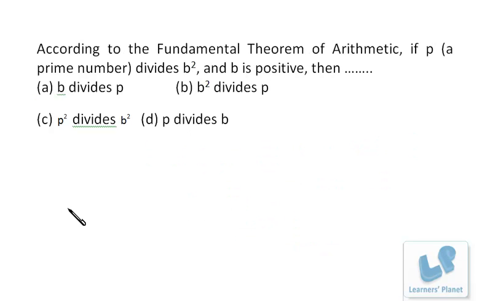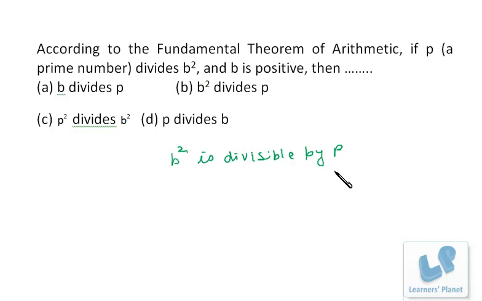Now friends, the next question is, according to the fundamental theorem of arithmetic, if P, where P is a prime number, divides B square and B is positive, then that means B square is divisible by P, right?